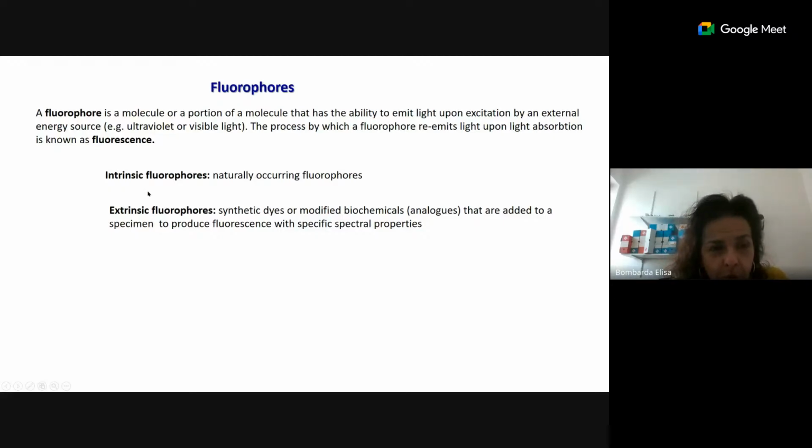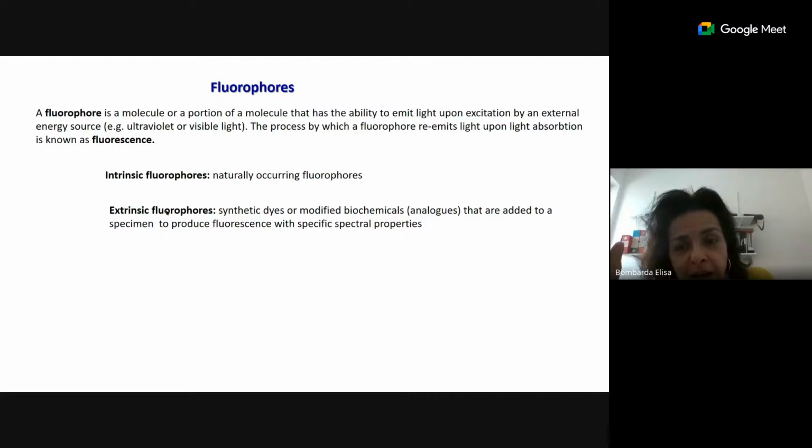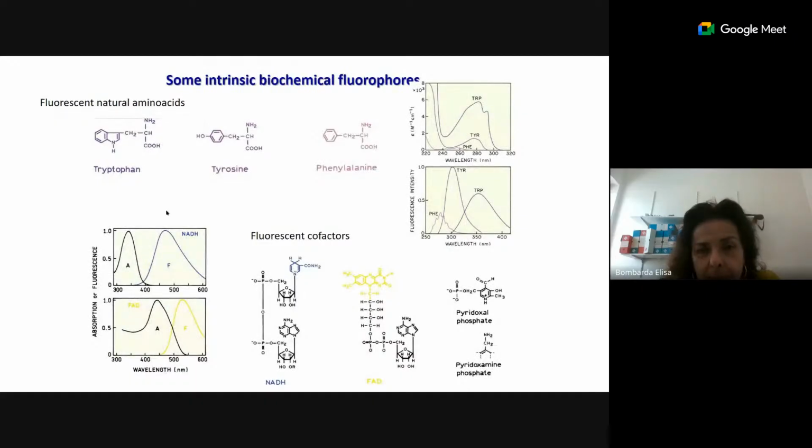About fluorophores, we can distinguish two major categories. We have intrinsic fluorophores, which are naturally occurring probes, and extrinsic fluorophores, which can be synthetic dyes or modified biochemicals, so analogs, that are added to a specimen to produce fluorescence with specific spectral properties. Here are some examples of intrinsic biochemical fluorophores.